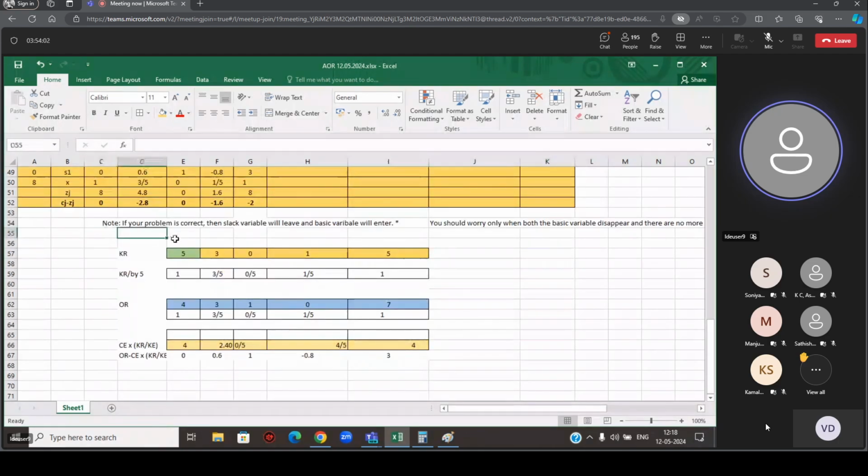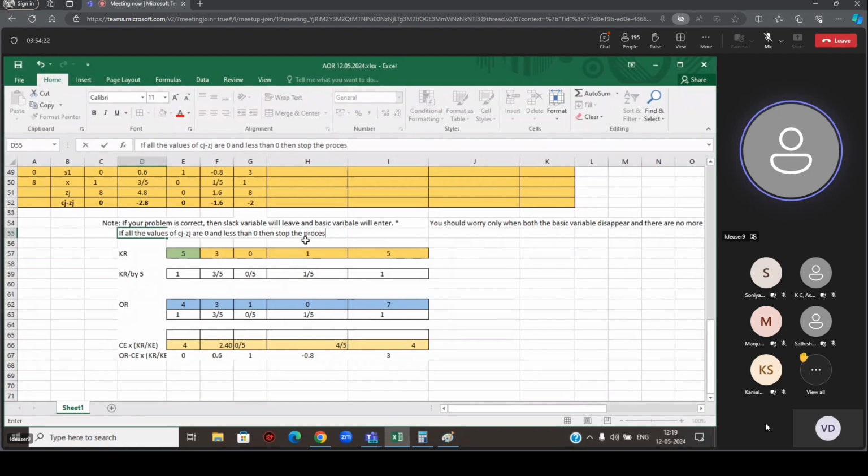I'll put a note here. What is the note? If all the values of Cj minus Zj are 0 and less than 0, then stop the process.